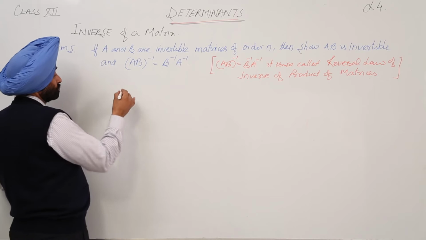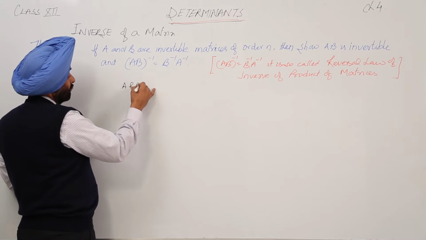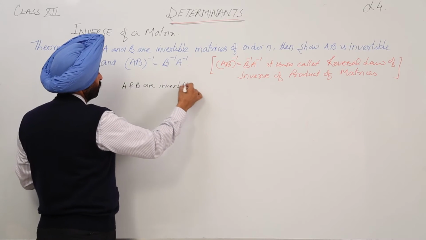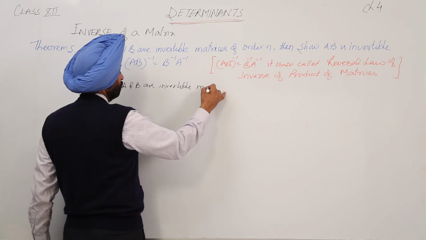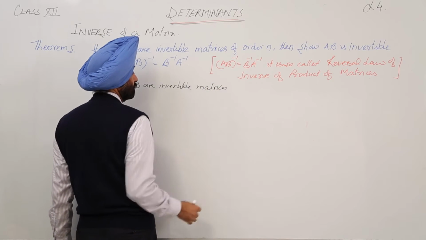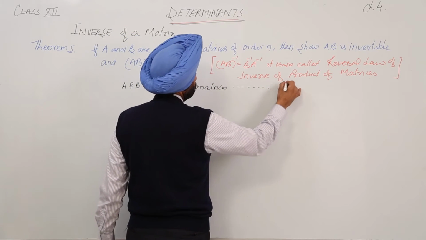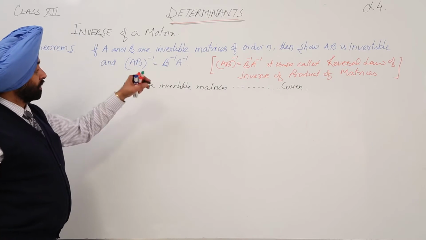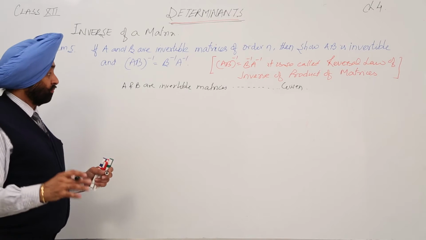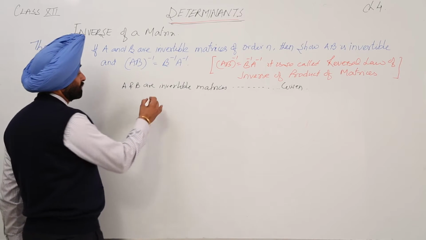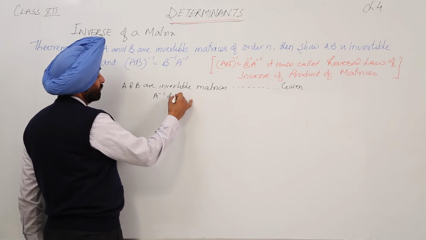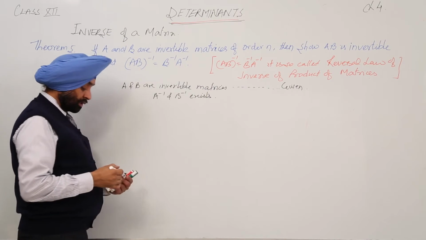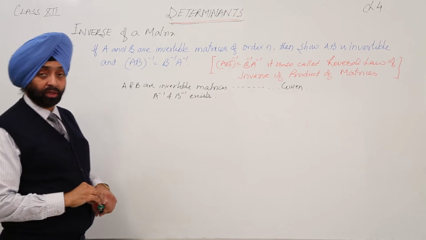Now it is already given that A and B are invertible matrices. This is given to us. Then when A and B are invertible matrices, we can say A inverse and B inverse exist.